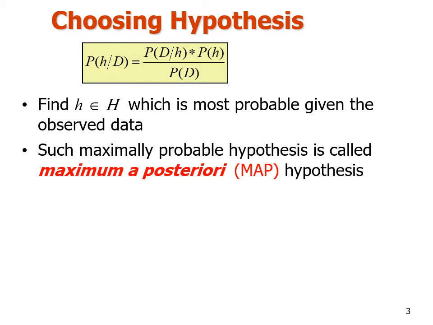We can determine the MAP hypothesis by using Bayes' theorem to calculate the posterior probability of each candidate hypothesis.